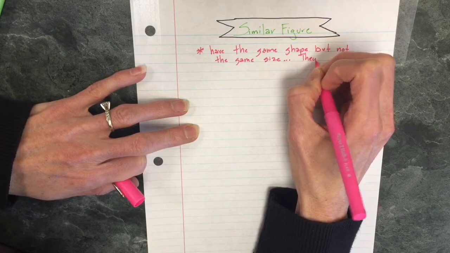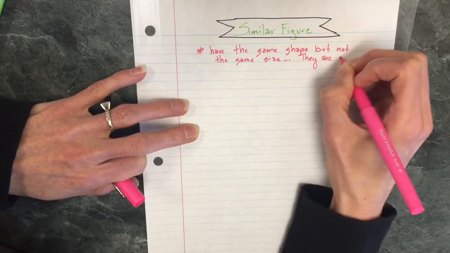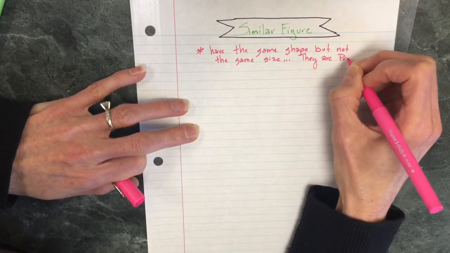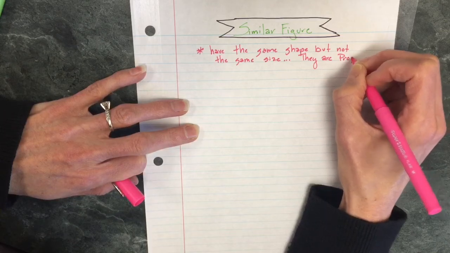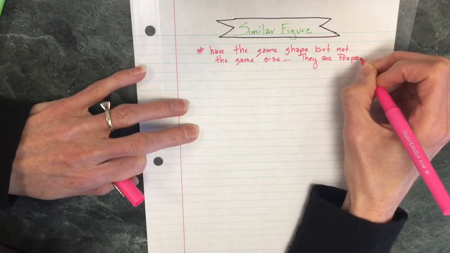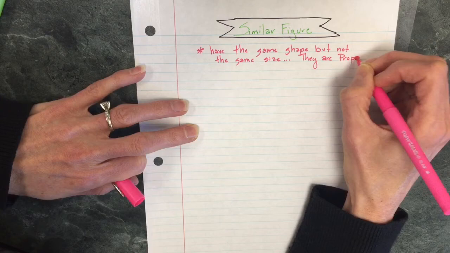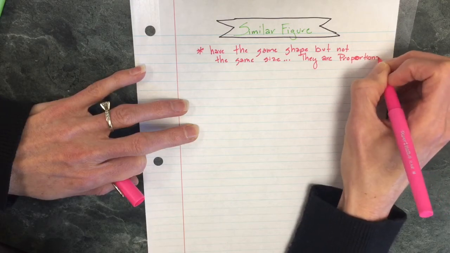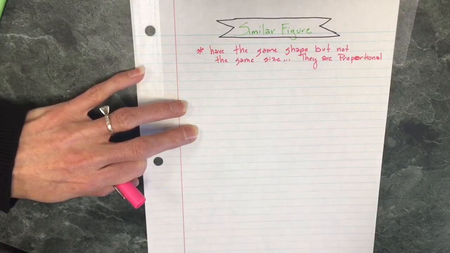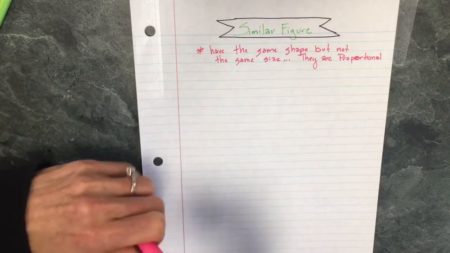They are proportional. So we're going to use our knowledge of proportions to find out missing sides of similar figures.